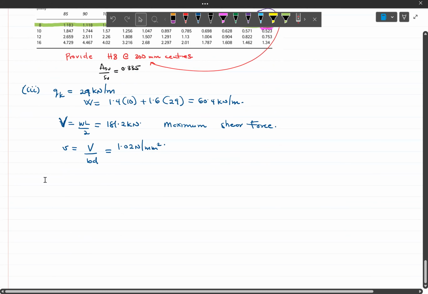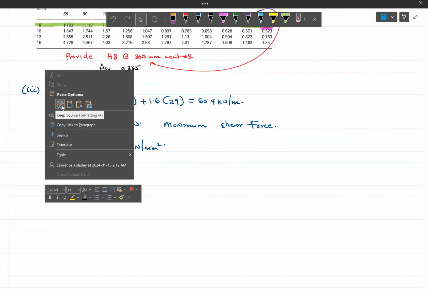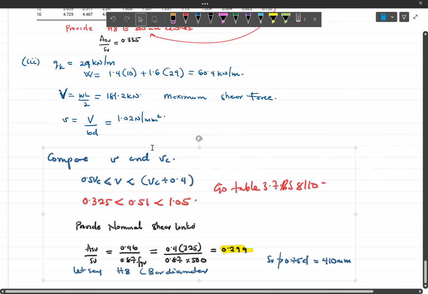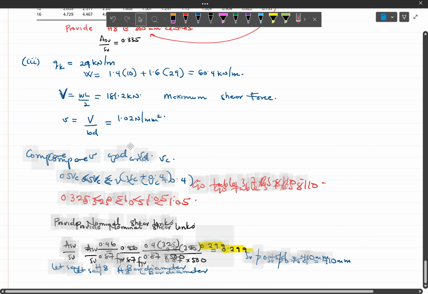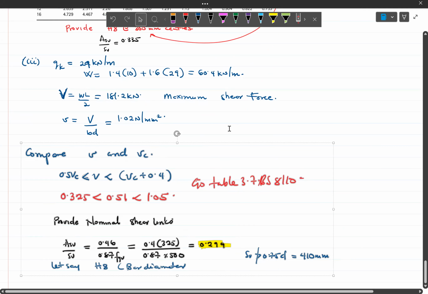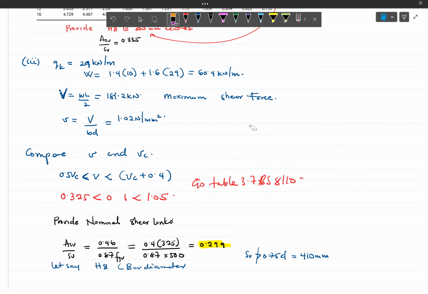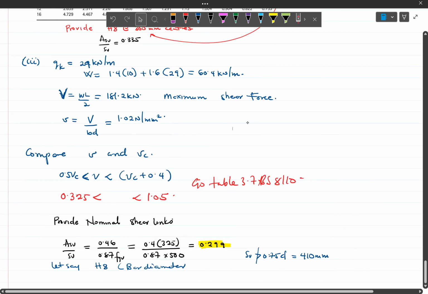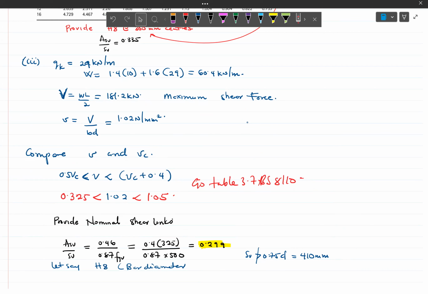Nothing has changed. If you compare here, our V is not 0.5. Our V is actually 1.02, which still lies between 0.5 VC and VC plus 0.4.